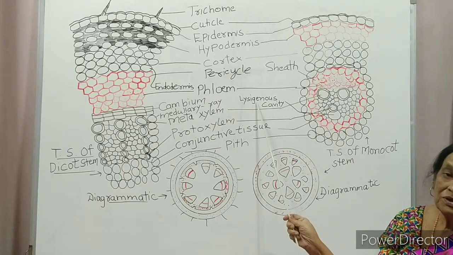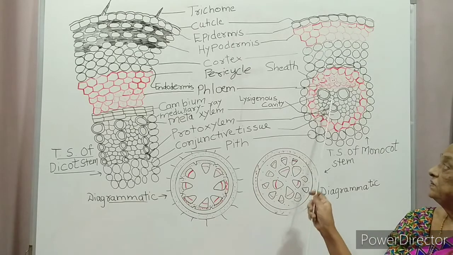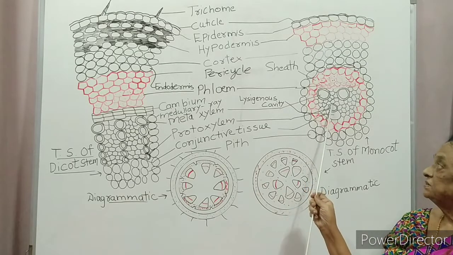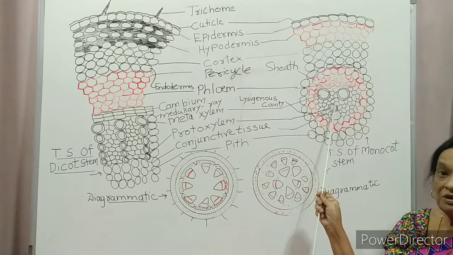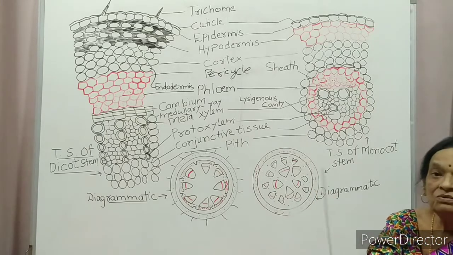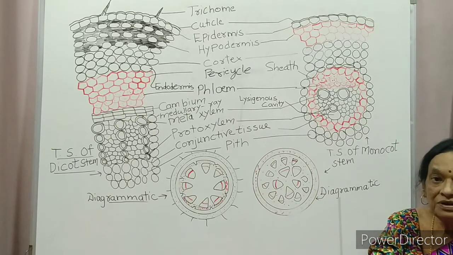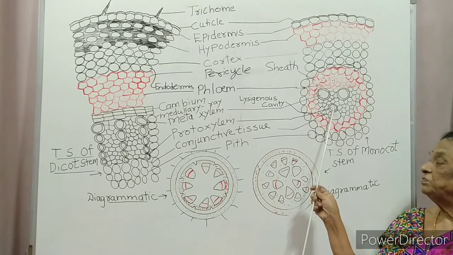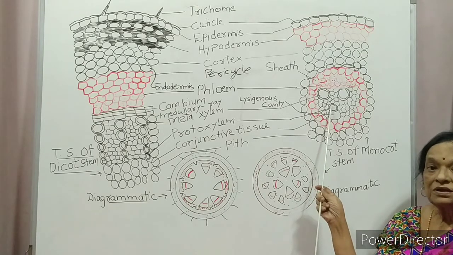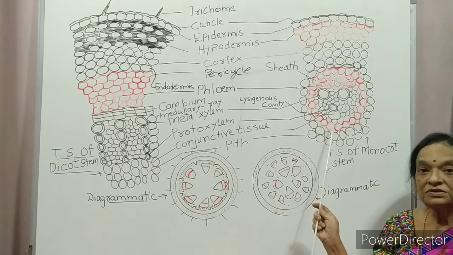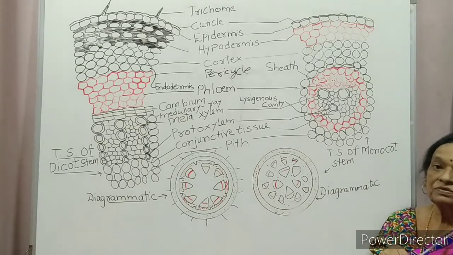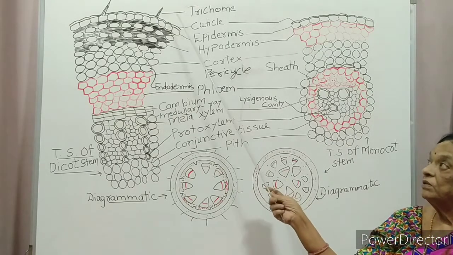Already in the root you have studied V-shaped xylem. This V-shaped xylem is continued throughout the root, stem and leaf. So the lowermost protoxylem disintegrates and forms the lysigenous cavity. So what is the difference?